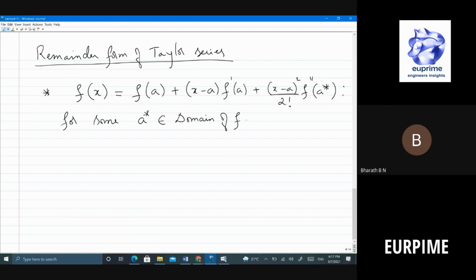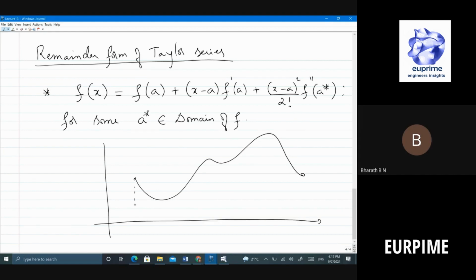Well, I'll pictorially show it for the first order, not the second order. So let's say you have a function which maps, let's say this is your function, okay? Let's call this capital A and capital B. This is your function f, x.